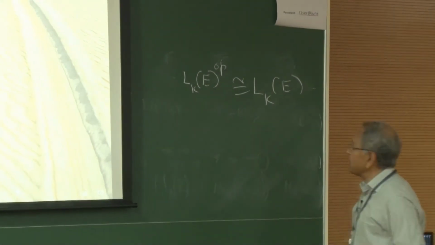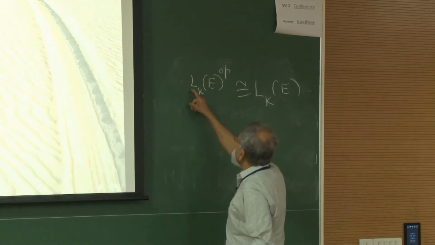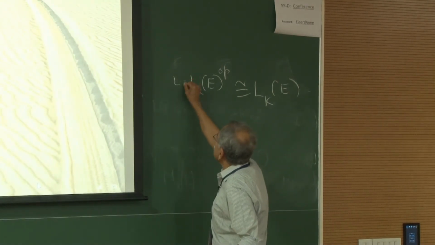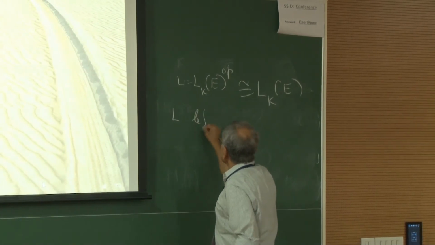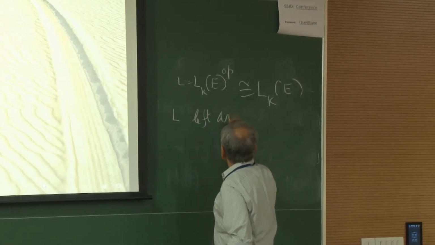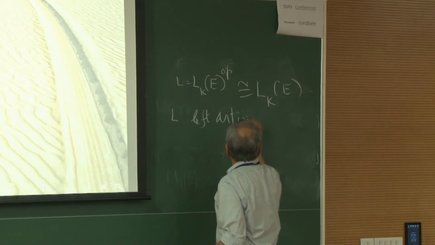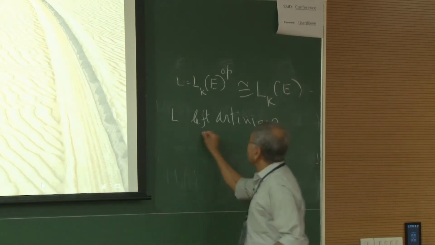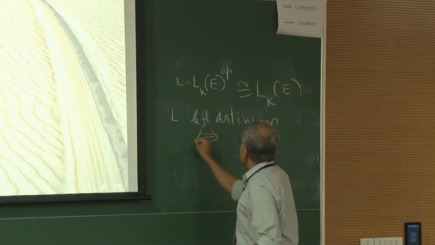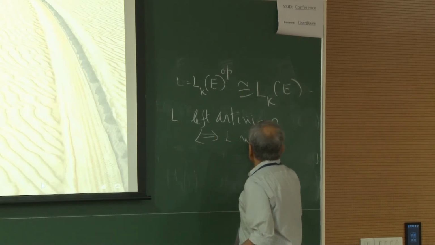In the sense that, for instance, if I call it L for short, so it's easy for me. If L is, say, left Artinian, satisfying the descending chain condition on left ideals, if and only if L is right Artinian.